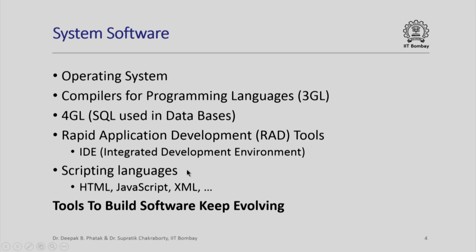Then there are scripting languages and their interpreters such as HTML, JavaScript, XML, etc. Tools to build software keep evolving, and all such tools which help us build other kind of software and those which manage the computer systems together are referred to as system software.